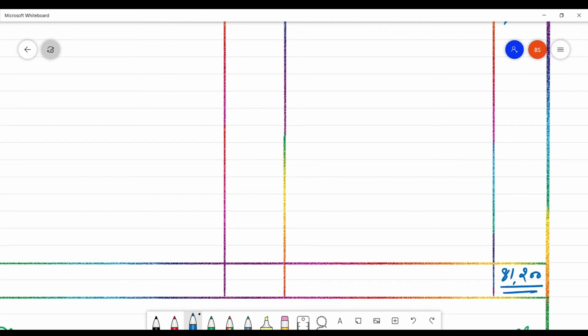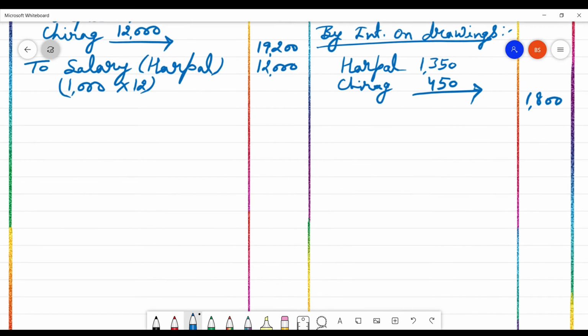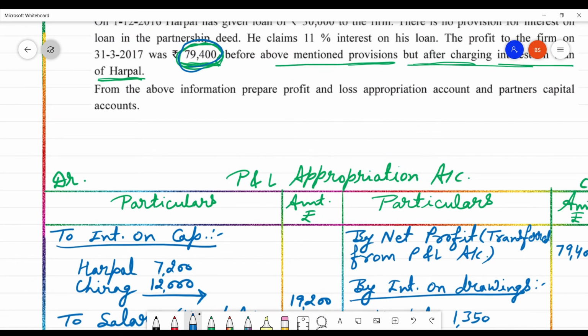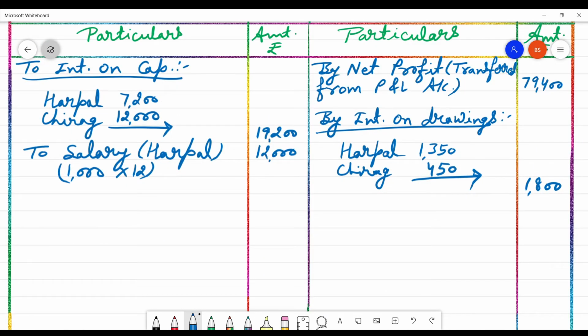Then we will deduct 19,200 and 12,000 from the 81,200. 81,200 minus 19,200 minus 12,000 comes to 50,000.